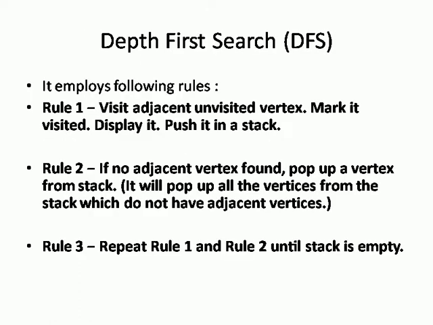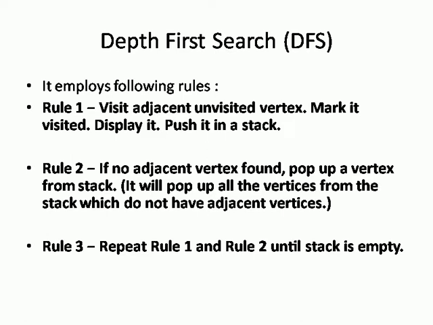The following are the three rules which are used during the depth first search traversal method. Rule 1 says visit the adjacent unvisited vertex, mark it as visited, display the content of that vertex, then push it onto the stack. Rule 2 says if no adjacent vertex is found, then pop a vertex from the stack.